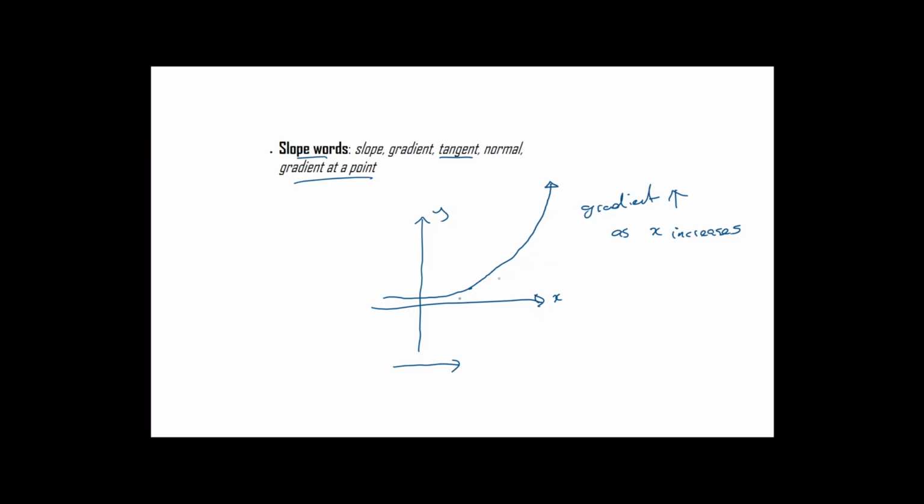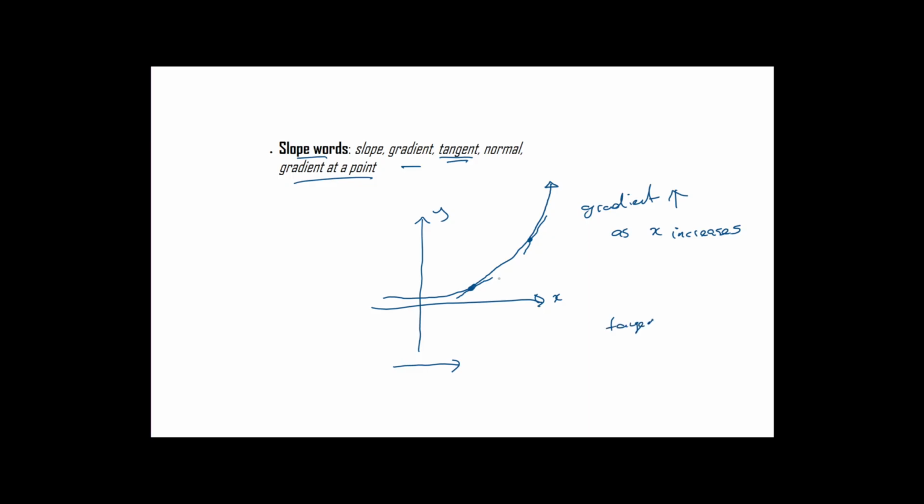That's the same gradient as the function at that point. So here, the gradient at this point right here would be that. The tangent at this point here will look kind of like that, just touching it and nothing else, but at the same gradient at that point. So tangent and gradient are linked.